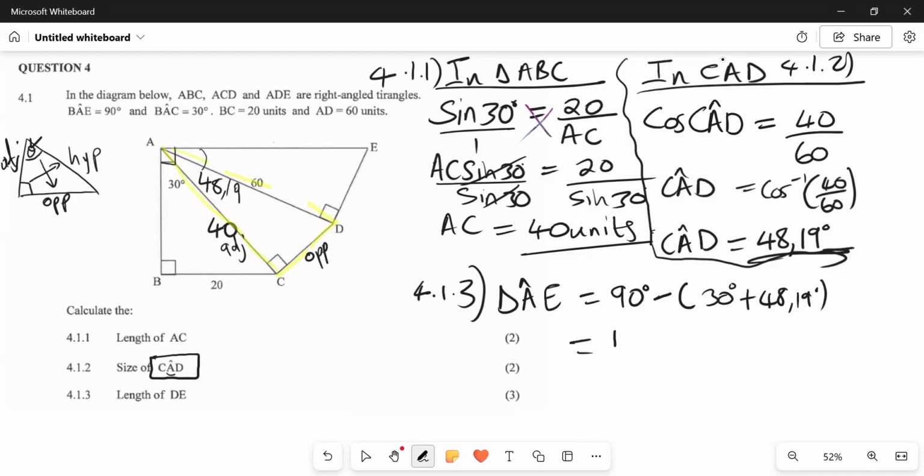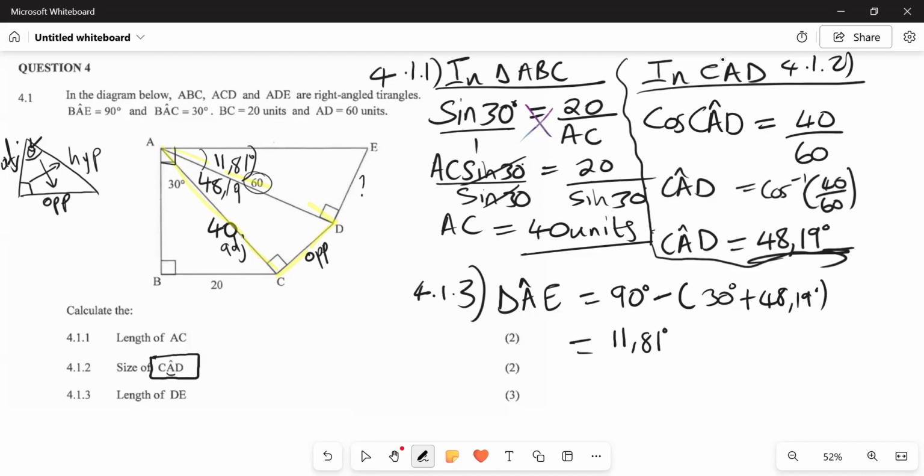And then we get 11,81 degrees. So the angle here is 11,81 degrees.